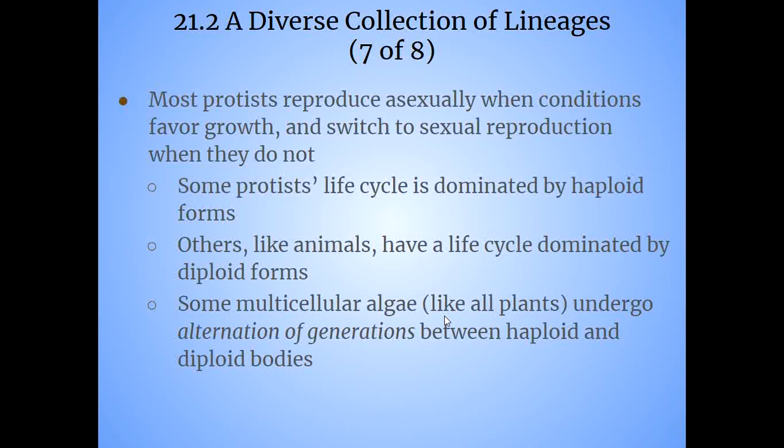Some protists will demonstrate what's known as alternation of generations, which is basically where they will go from haploid to diploid states. Algae does this. It will go through this alternation of generations, cycling between this haploid and diploid state.